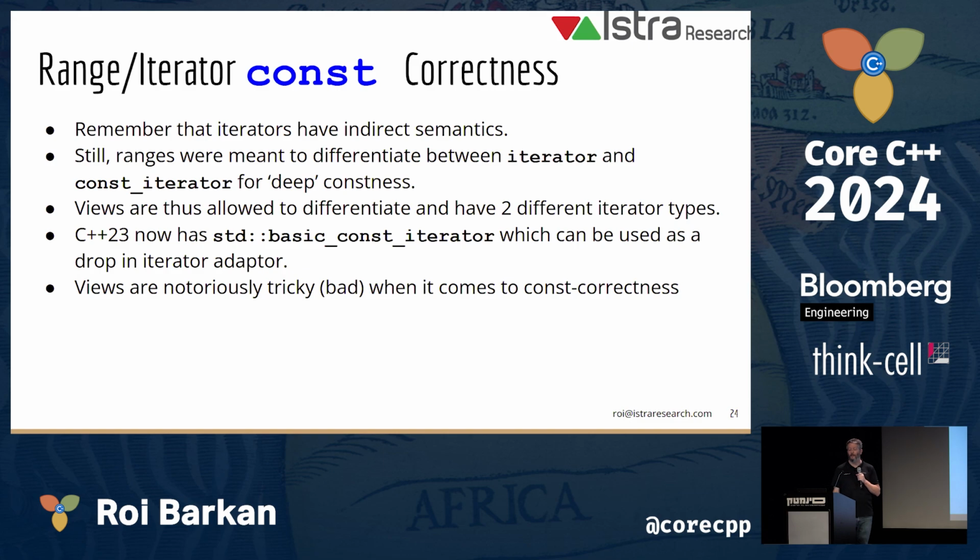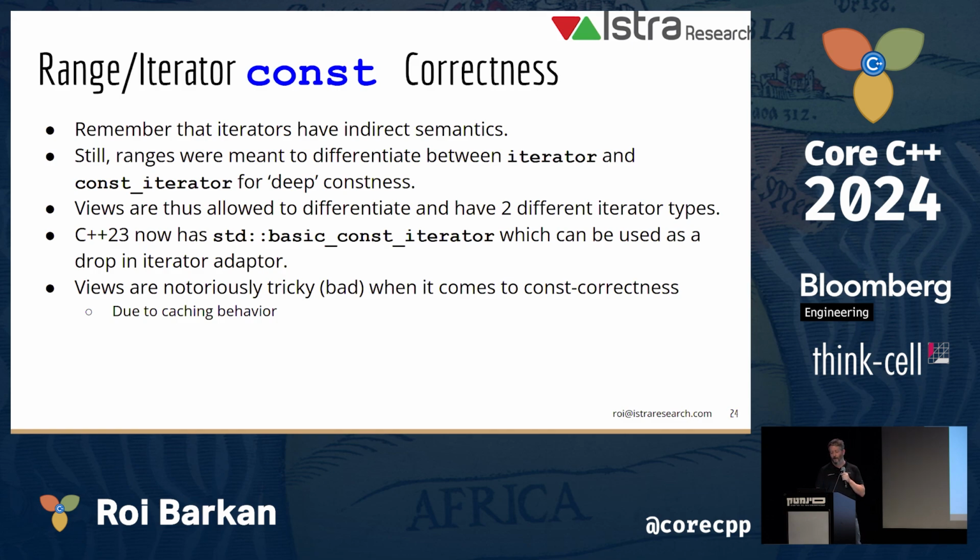Views themselves are notoriously tricky when it comes to const correctness of themselves and of their iterators. There are several basic reasons for that. First of all, it has to do with caching. Sometimes, for example, the begin call of the filter view needs to do some work, and the standard wants this work to not happen too often.